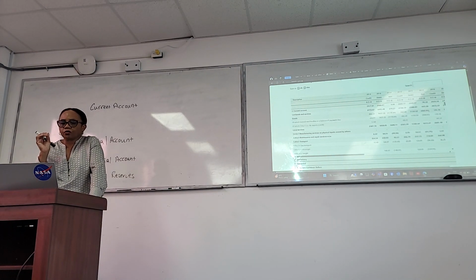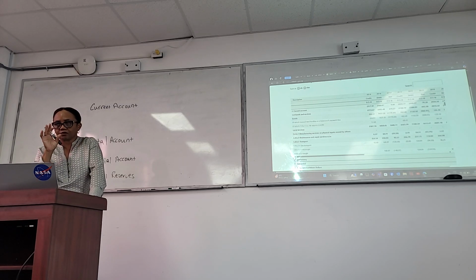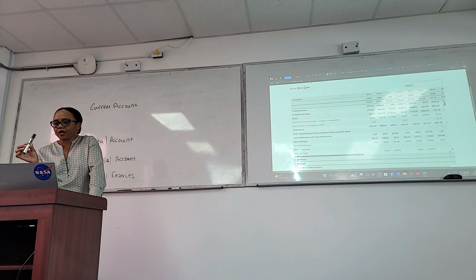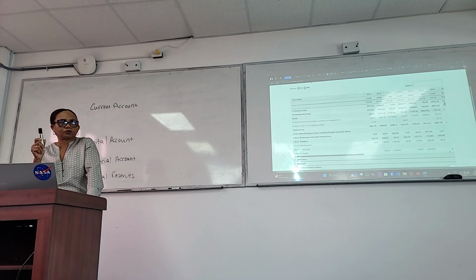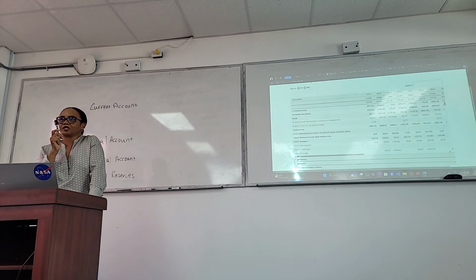Now, on the goods and services, you have a credit of 266. We're looking at the goods, right? So 266.5 million in credit, and you have 1,437 million in debit. What does that represent?